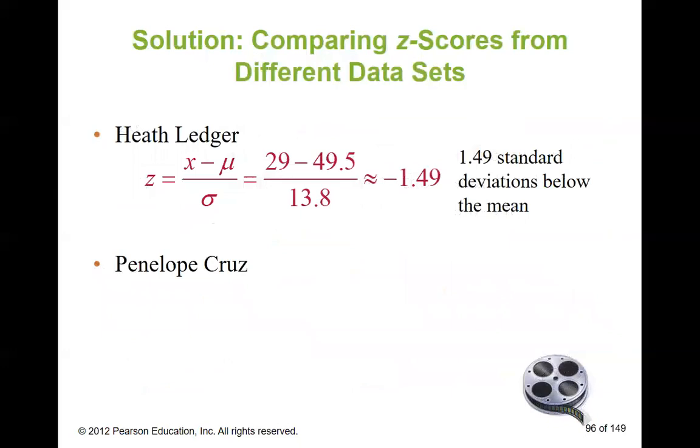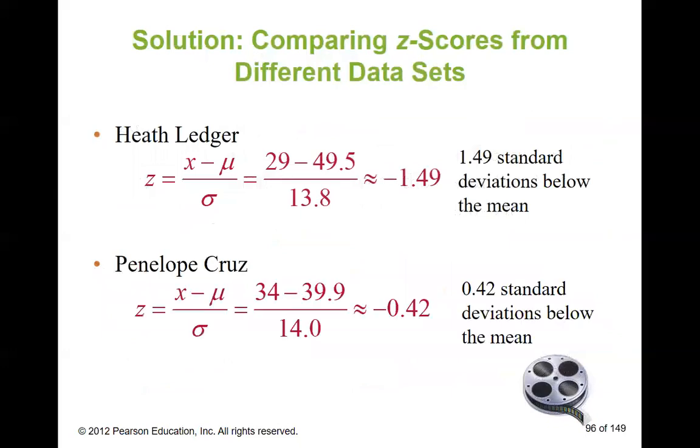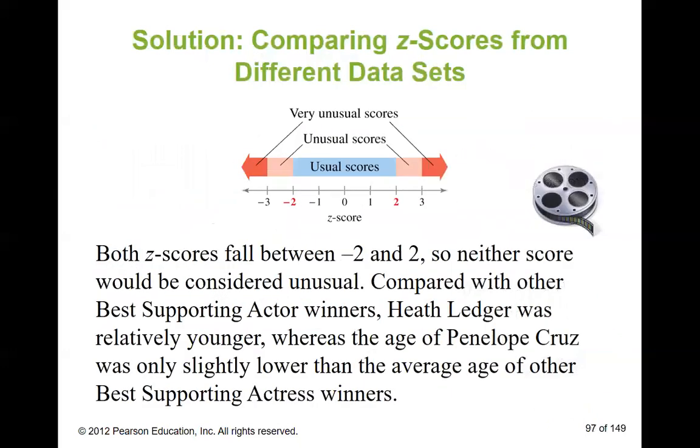Now, here's what I want you to see as far as what that tells us. If somebody got below -2 or above +2, that's more than 2 standard deviations. You know how we talked about unusual values, those outliers? They occur if you're more than 2 standard deviations.